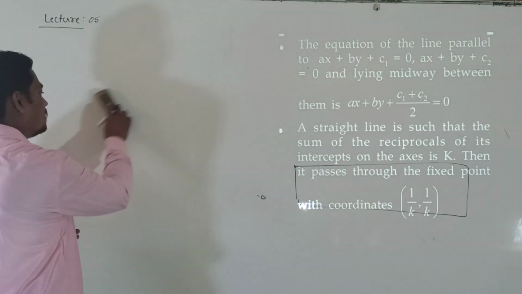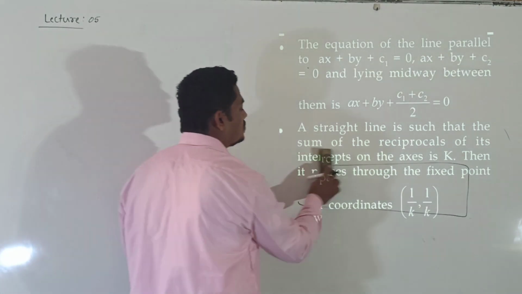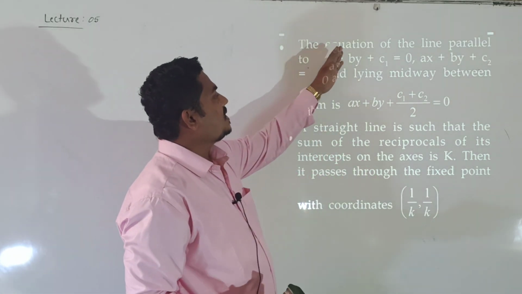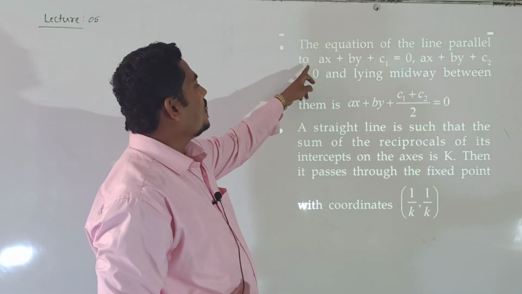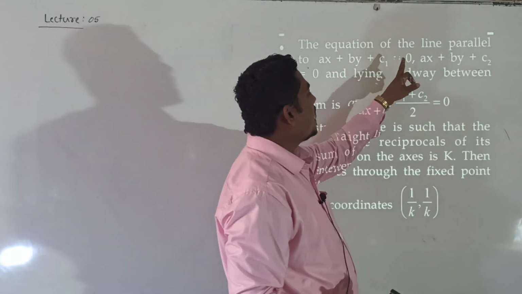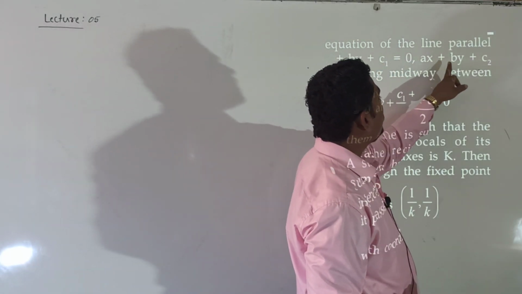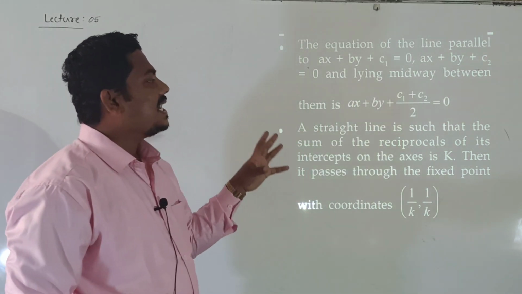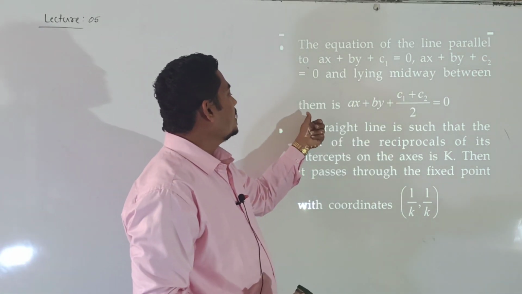Next, the equation of the line parallel to ax plus by plus c1 and ax plus by plus c2 equal to 0 and lying midway between them.